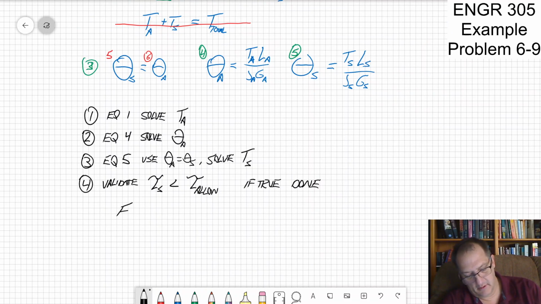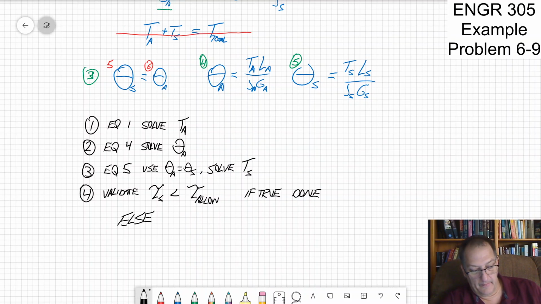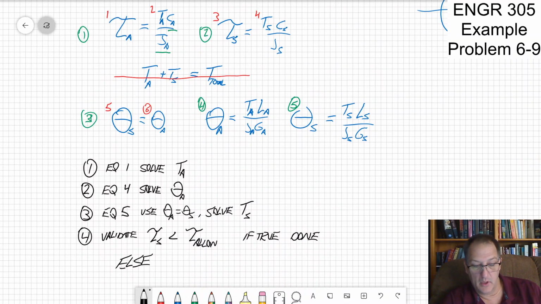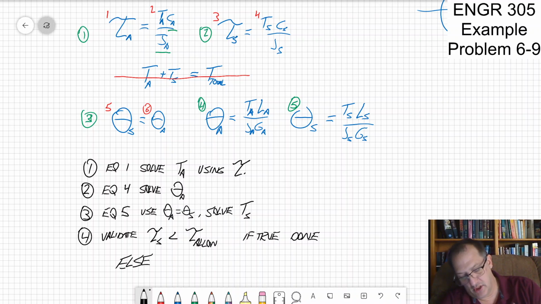Else, I'm going to go back in. I'm going to use equation 1. Nope, I'm not going to use equation 1. I'm going to use equation 3, and I'm going to start now with the shear in the steel, and maybe that's what I said. Using shear in the aluminum is equal to tau allowable for aluminum.